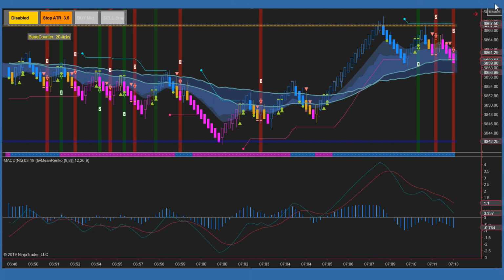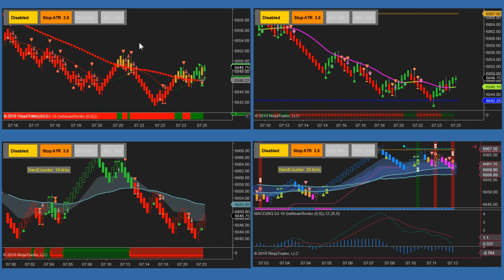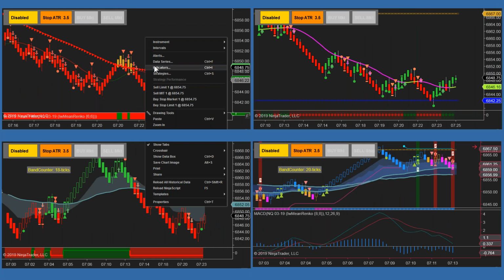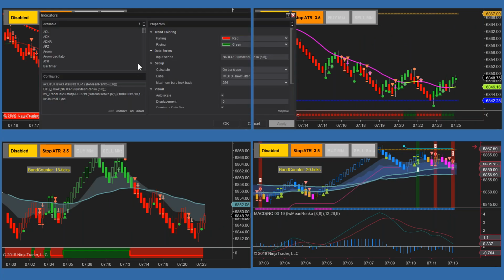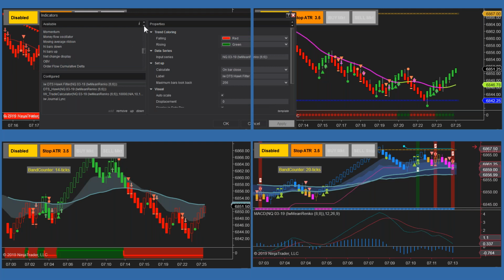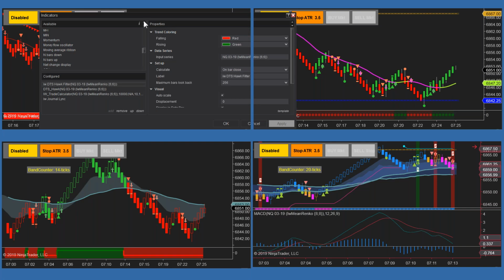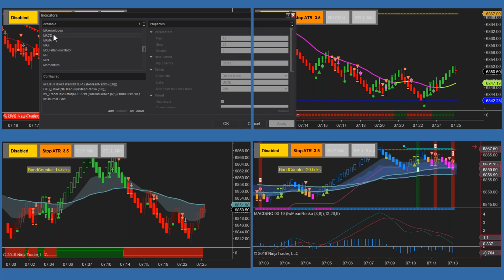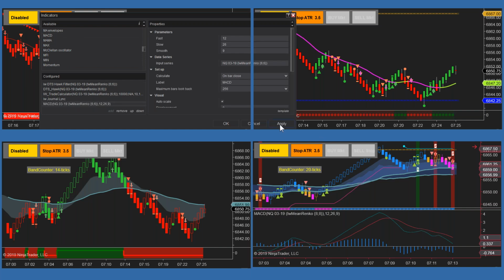Otherwise, we still have some time here, so I'm going to take the opportunity to throw the MACD now on the other birds. And we can see how it works out on those.